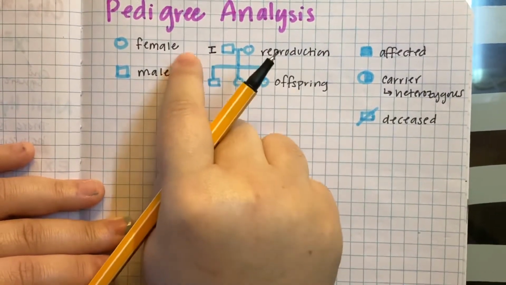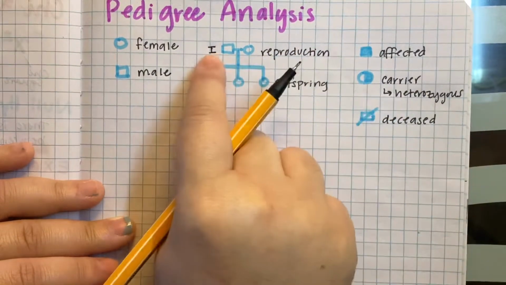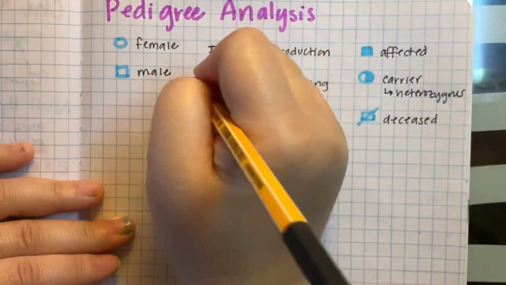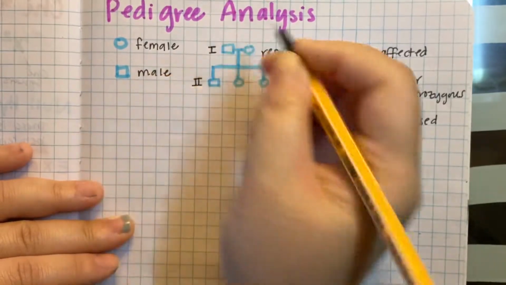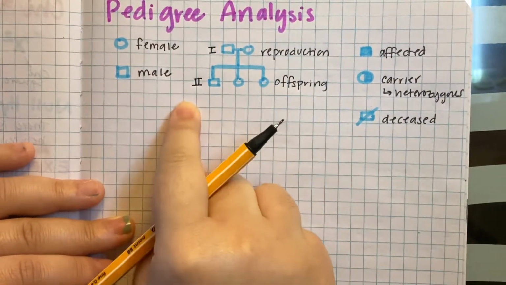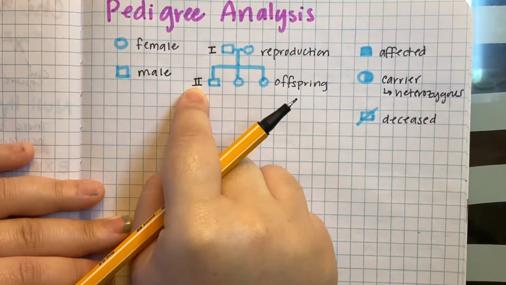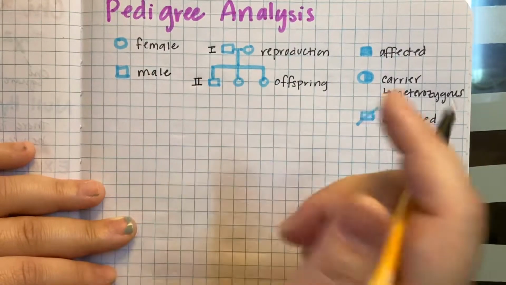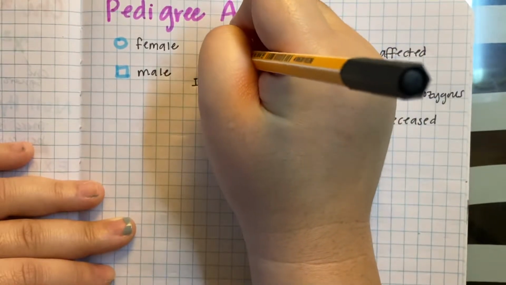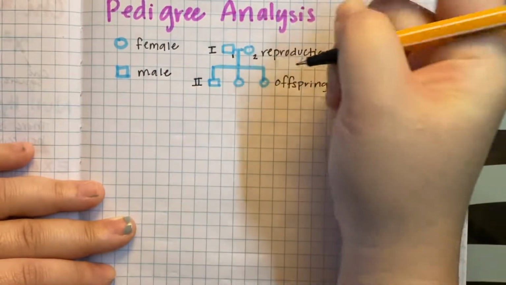All the individuals in the same generation lie on the same line. Generation 1 would all be up here, all of their offspring would be down here, and then these guys' offspring would be on the next line. We denote the generation by a Roman numeral, and then in each generation, we number each individual with regular numbers.